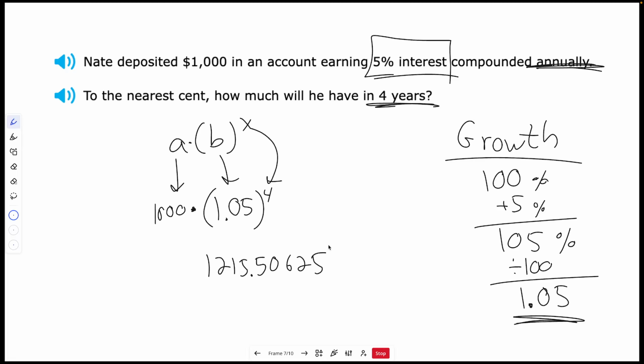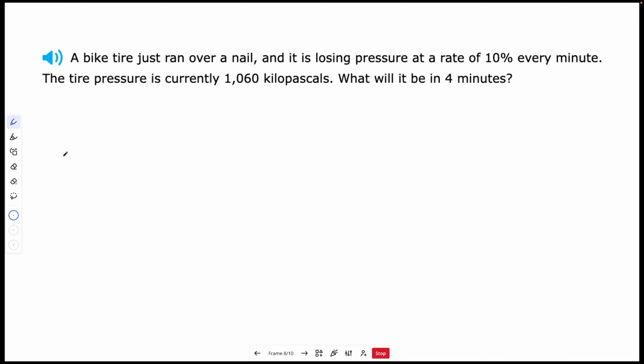But it said to round to the nearest cent. Nearest cent just means 2 decimal places, because we're talking about money. So we need to round here, so our answer is $1,215.51. So if it's percentages, you have to pay attention to whether it's growth or decay, and we'll look at a decay problem next. All right, go ahead and pause the video if you want to read the problem.